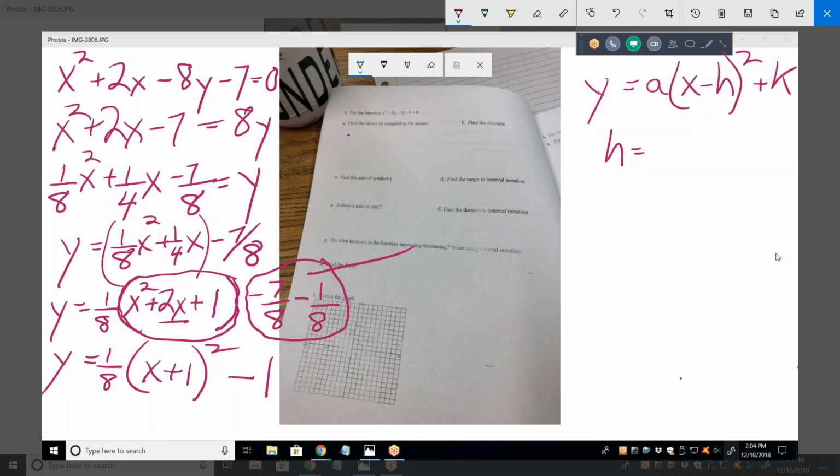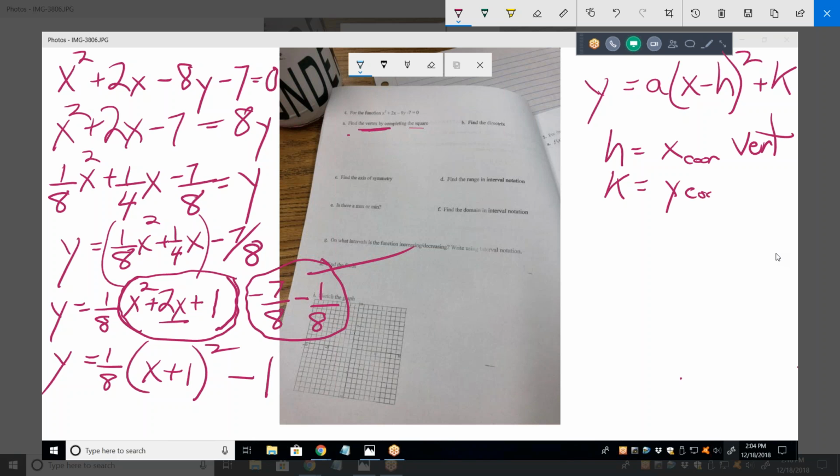So in general, they want it in vertex format. What's the advantage of vertex format? You can find the vertex instantly. What is the vertex? H is the x-coordinate of the vertex. Oh. K is what? The Y.